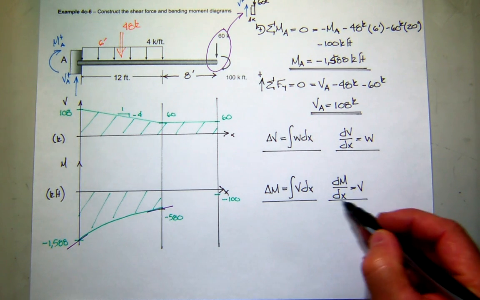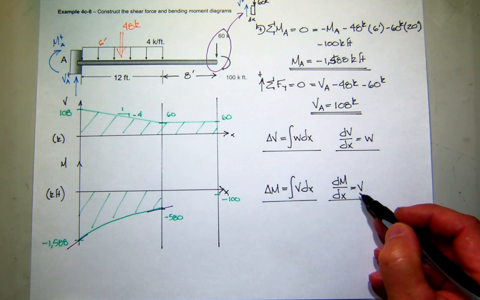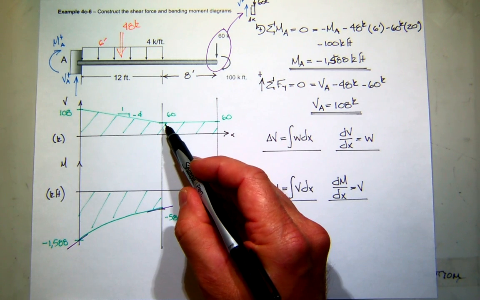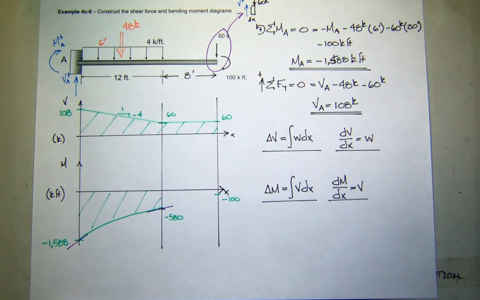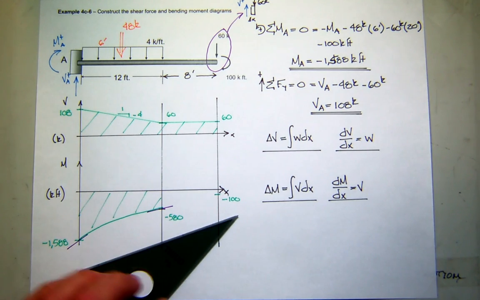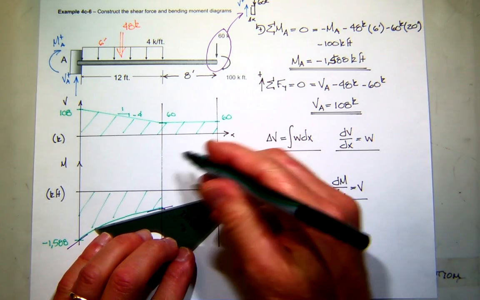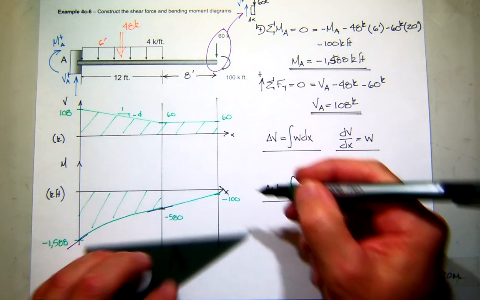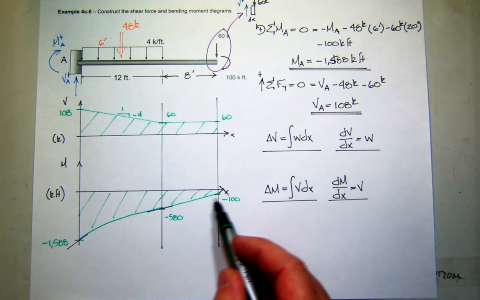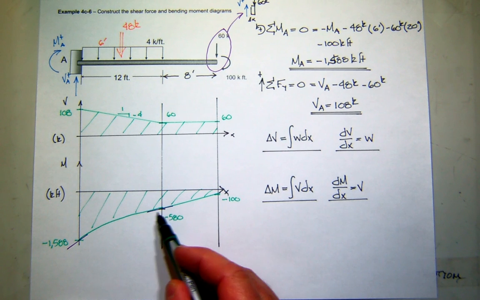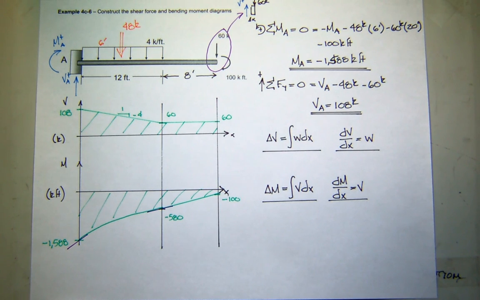And the slope of the moment diagram is the shear. And what's the value of the shear? Well, it's constant in that region, and it's positive. So I have a constant positive slope, and it looks something like that. So this is trapezoidal, and then this is quadratic.